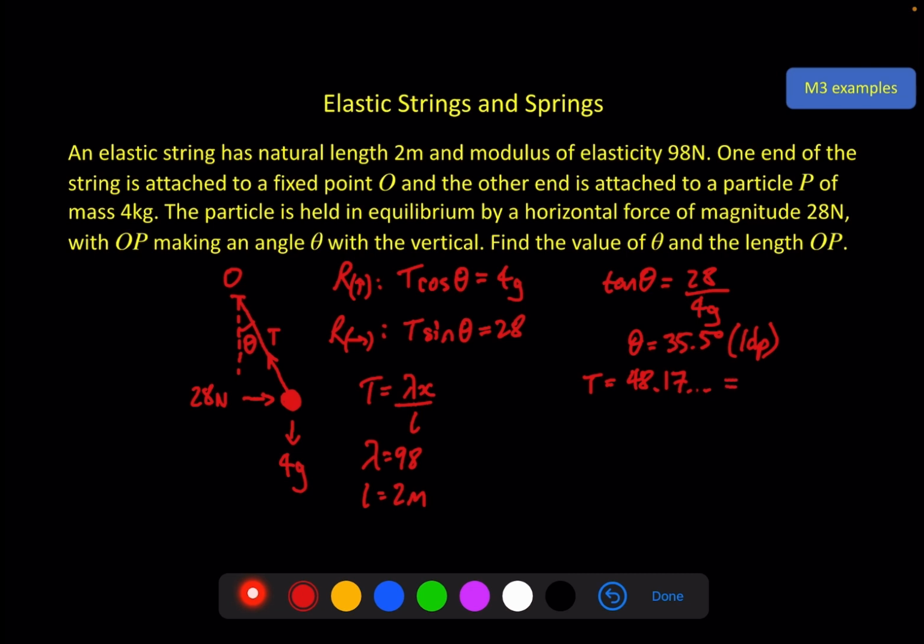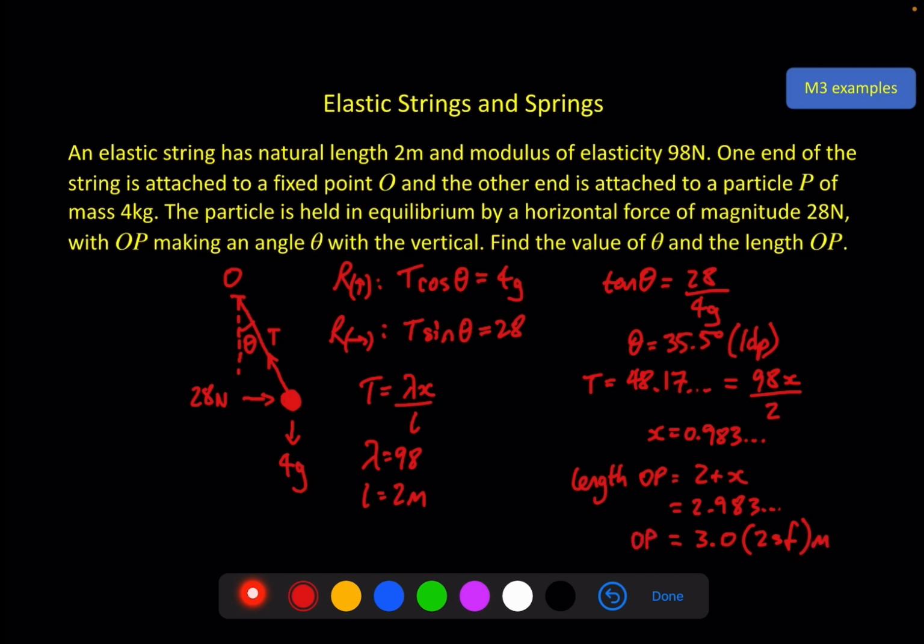That in turn must equal lambda 98 times x divided by L, which is 2, giving x to be 0.983... Add that on to the natural length of 2 meters to give the total length OP to be 2.983... And because we've used g as 9.8, I should probably round that to 2 significant figures.